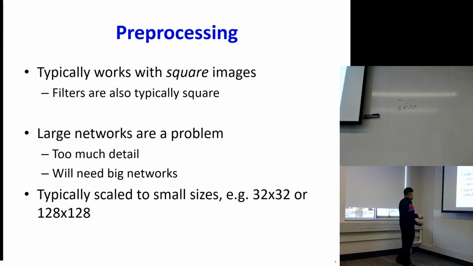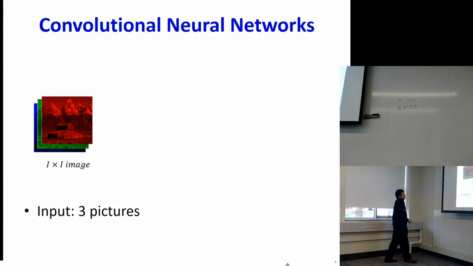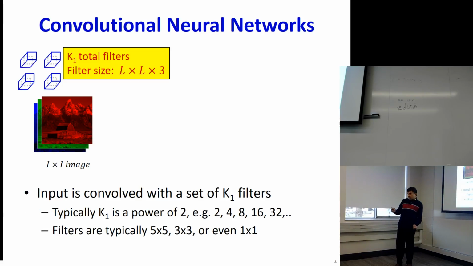You need very big networks, especially towards the end when you get to the flat layers. So you typically scale these things down to 32 cross 32 or 128 cross 128, at least in the early days, being just a couple of years ago, right? And so here you'd have an initial input stack of three pictures, R, G, and B, which is an I cross I image. And then you'd have a bunch of different filters.